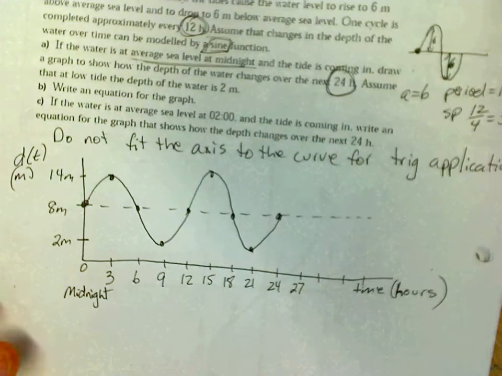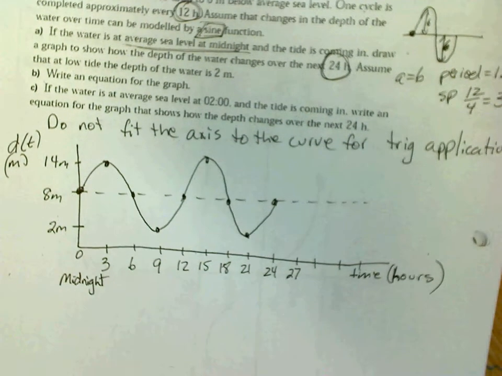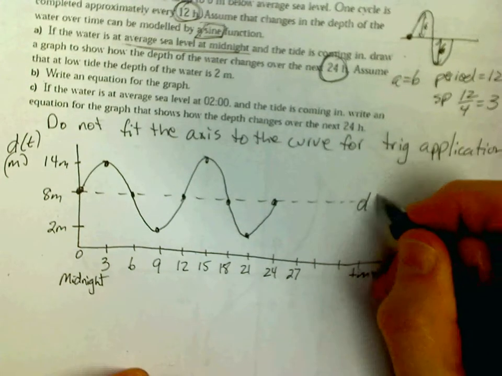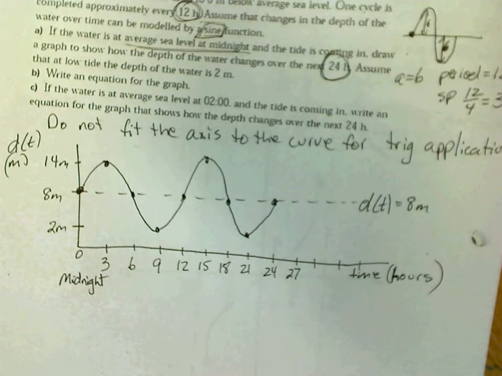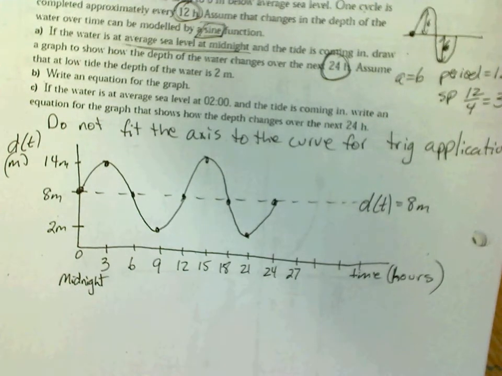So far, so good? Our equilibrium line is d of t equals 8, because that's our sea level.